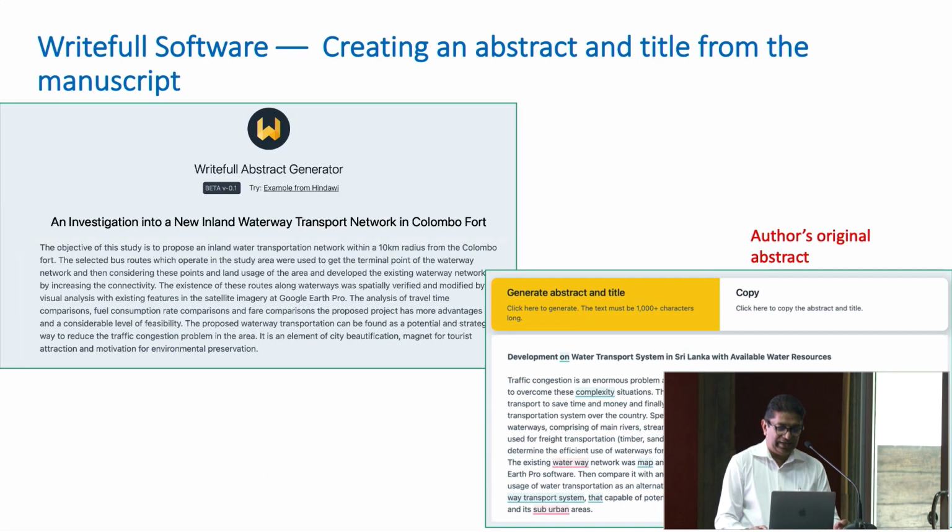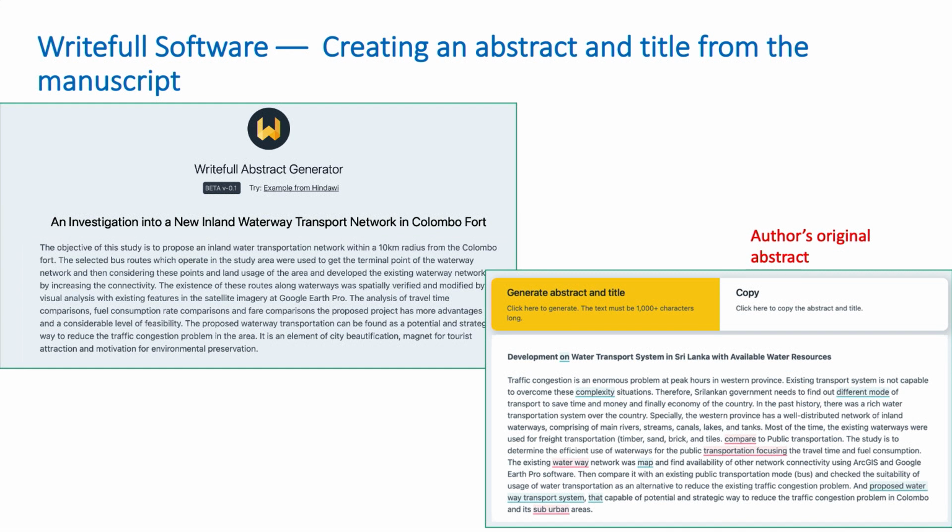Now this is the same paper that I read earlier. Look, now this is the author's title and abstract, and it says the development on water transport system in Sri Lanka with available water resources. Development on water transport is wrong.